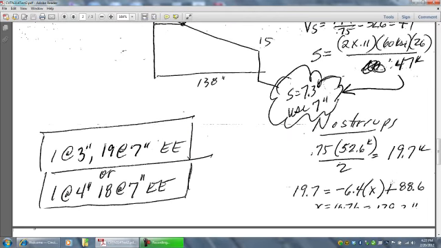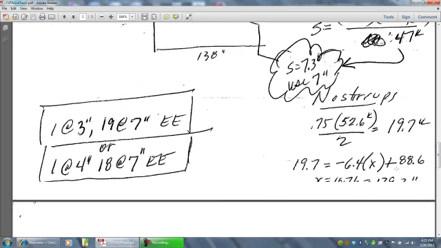What's no stirrups? The requirement is where phi VC divided by 2 falls; V sub U falls under that, so in this case V sub U falls under 19.7 kips. This got cut off down there, but this comes out to 10.7 kips, and that's like 129.12 or 129.2 inches.